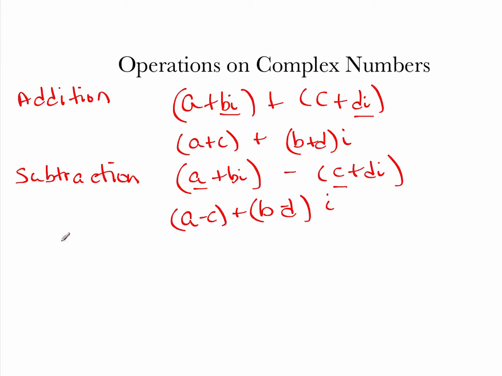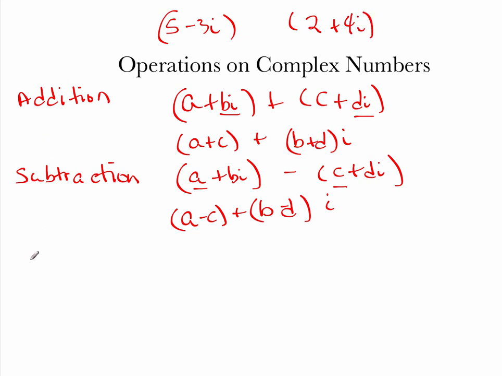So suppose I have, let's see, 5 minus 3i is one term, and 2 plus 4i is my second term.